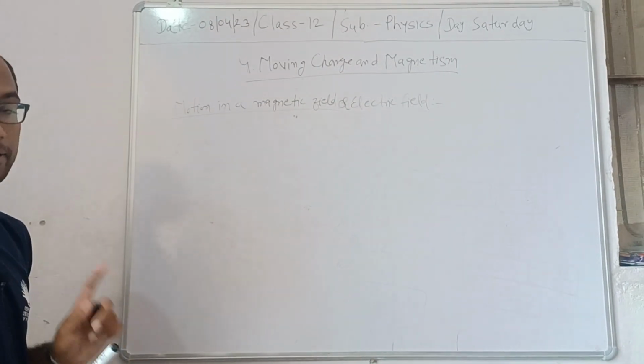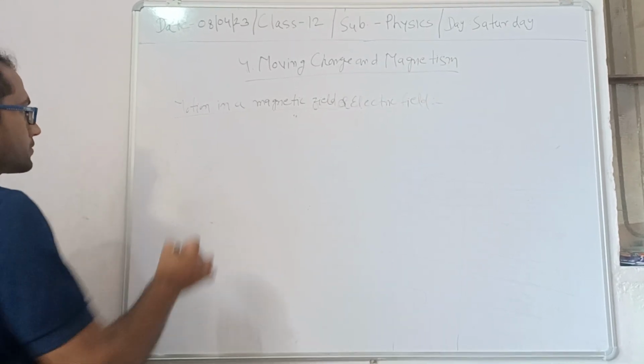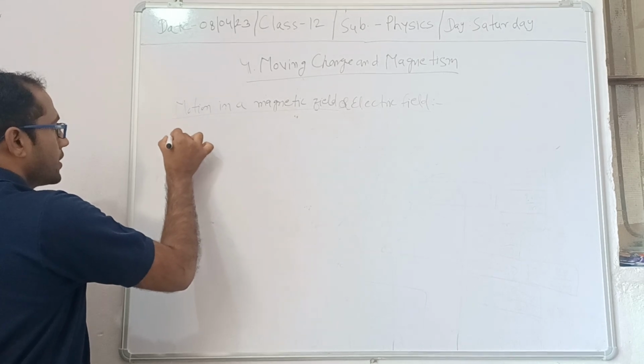Motion in a magnetic and electric field. In this case, first we use the velocity selector.